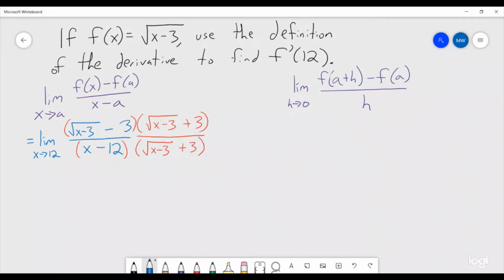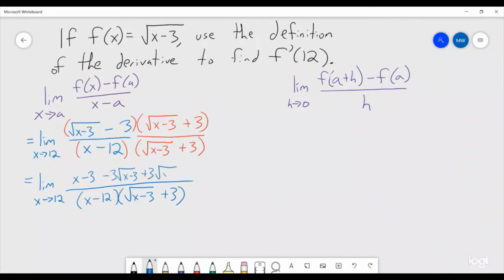And then this limit is going to be the limit as x goes to 12. I'm going to not distribute the bottom out. So x minus 12 times the square root of x minus 3 plus 3. And on the top, when we expand all of that out, we get an x minus 3 minus 3 times the square root of x minus 3 plus 3 times the square root of x minus 3 minus 9.